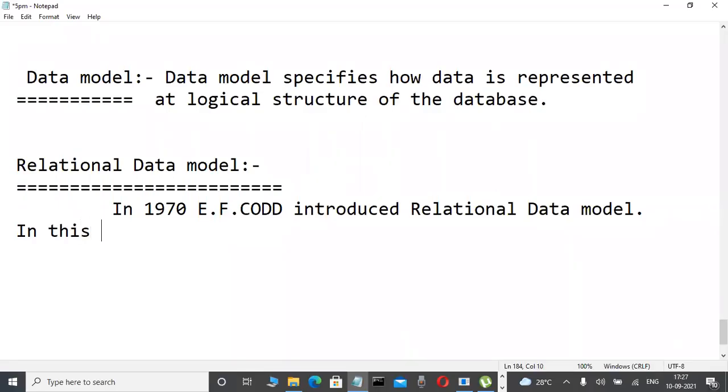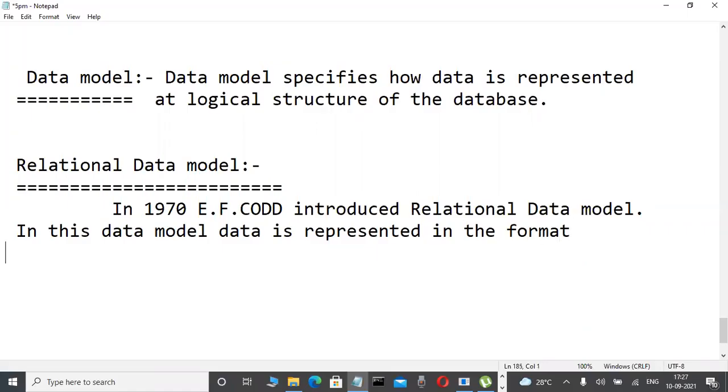In this data model, data is represented in the format of records.